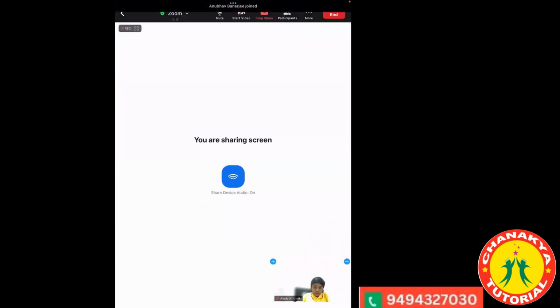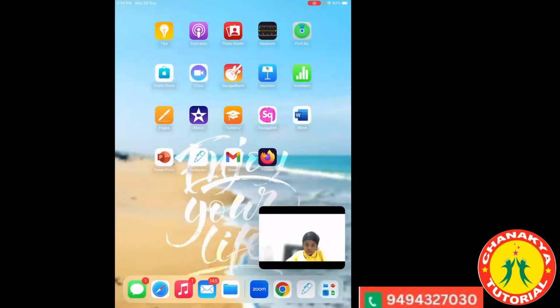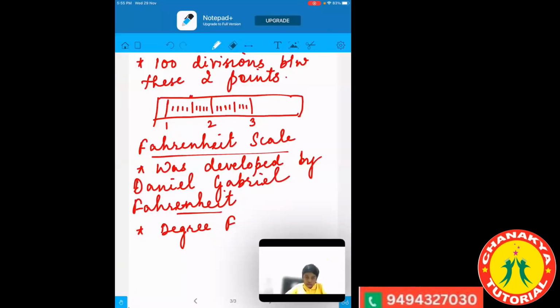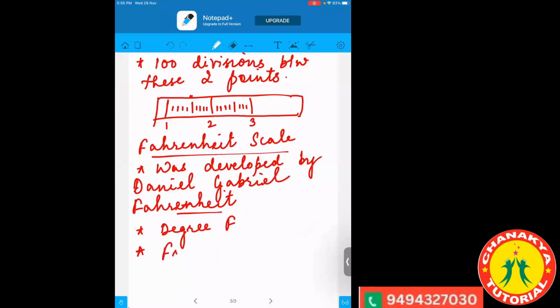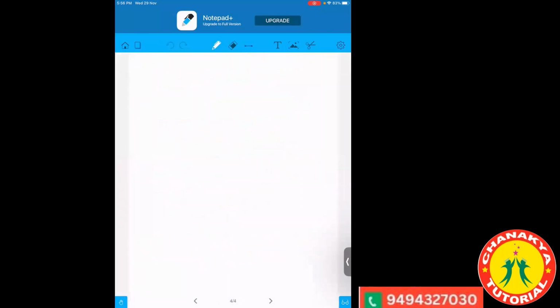Now on this scale, like the previous scale, the boiling temperature and the freezing temperature are there. On the Fahrenheit scale, the freezing point of water is 32 degrees Fahrenheit.